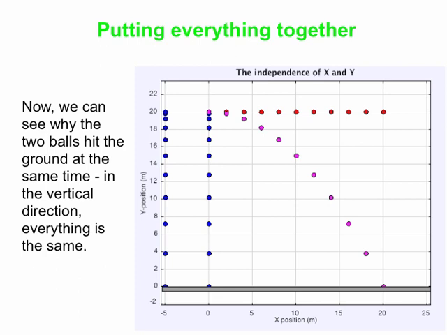So if we release them from rest at the same time, they have to hit the ground at the same time. And the fact that one ball has no horizontal motion and one ball does has absolutely no bearing on how long it takes for the balls to hit the ground. What's going on horizontally is completely irrelevant if we're focused on the vertical part of the motion. It's the vertical part of the motion that determines the time.